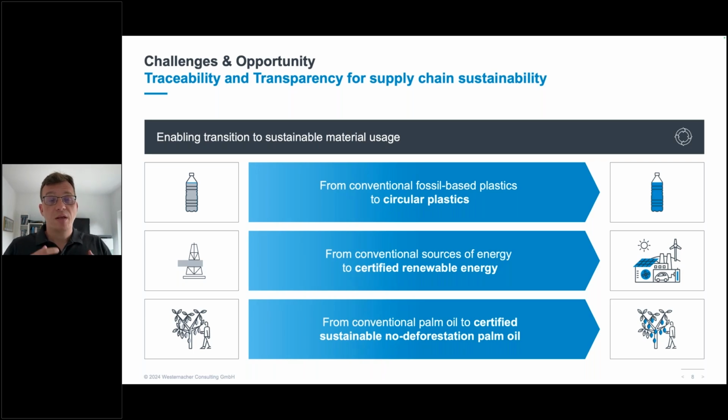But as a consumer, I want perhaps to make sure that what I'm now consuming is not coming from deforestation. Palm oil, wood, leather, these kinds of things.